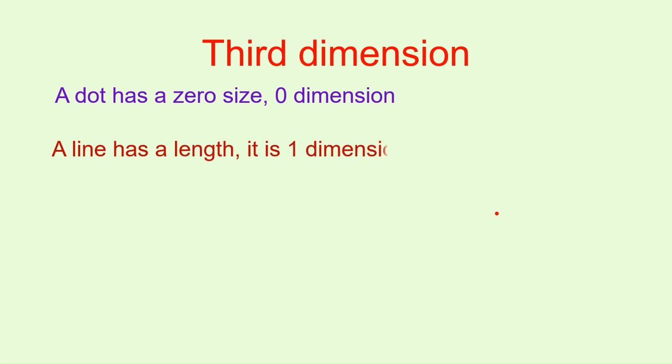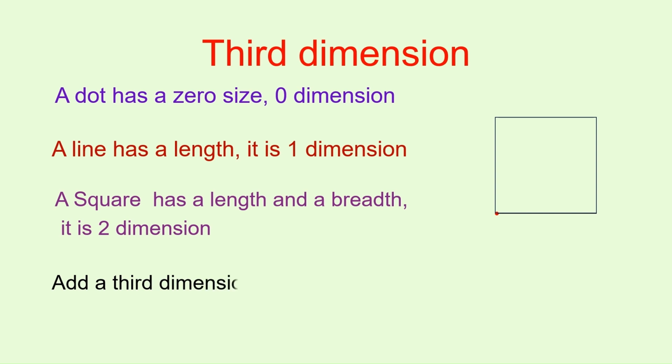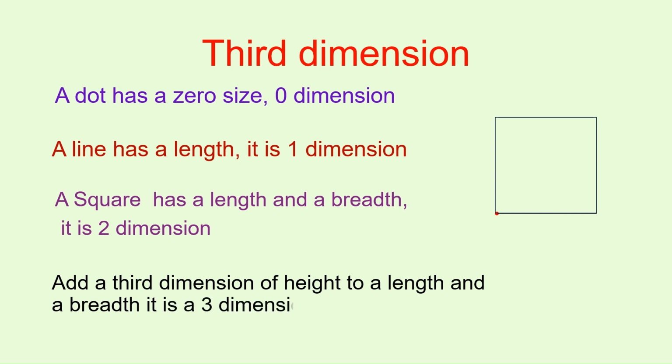A line has a length, it is a one-dimension subject. We noticed a square has a length and a breadth. This figure is two-dimension. Now if we add a third dimension of height to a length and a breadth, it is a three-dimension body like a cube, in a three-dimensional space.